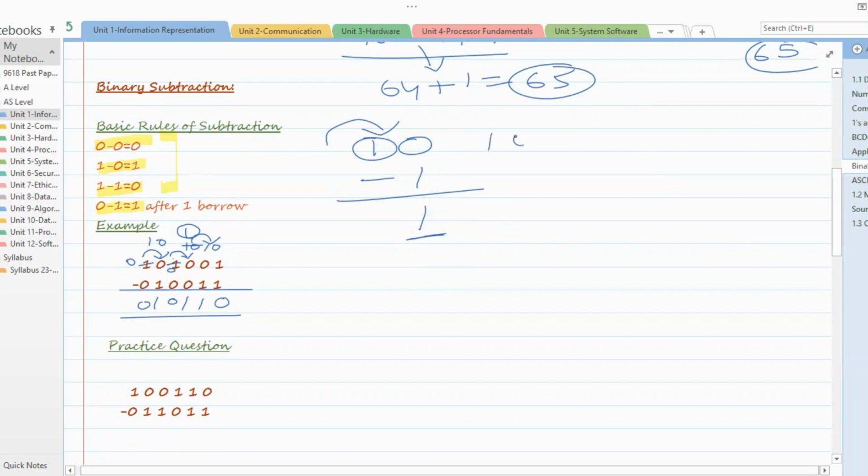So, 1, 0 minus 1 is 1. You can also say that because 1 plus 1 is 1, 0. So when you subtract 1 from 1, 0, it gives you 1. Right? So that is how 0 minus 1 is 1 with 1 borrow from previous bits. Okay.